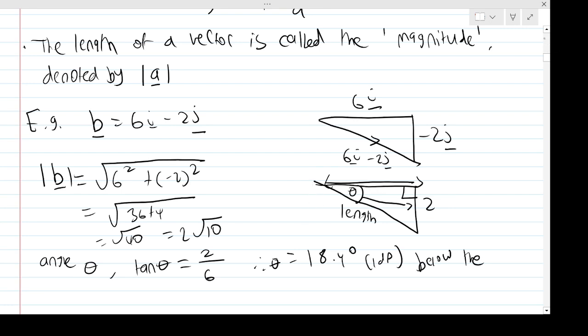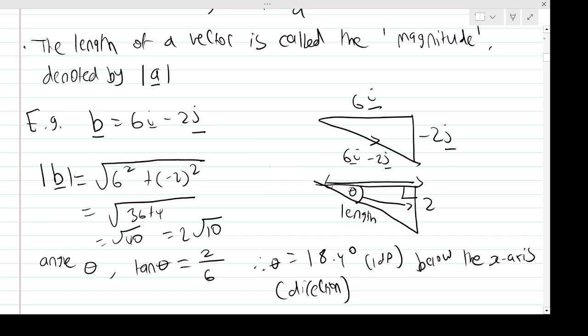Again, you can think of it, if I draw it on a 4-quadrant grid, 6i would be there, minus 2j would be there. So then my vector would be there. The angle there, hopefully you can see, if that's the x-axis, it will be below it. So we're going underneath, so I can specify the angle is below the x-axis, okay? So there we are. Cool. And that represents the direction.